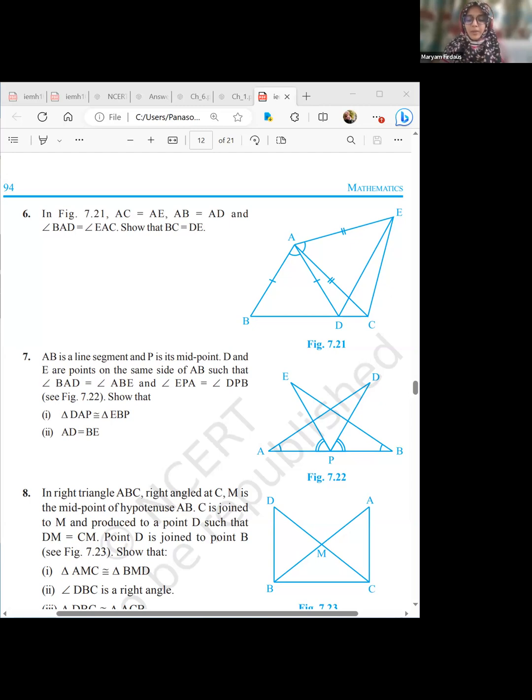Can someone tell me how we can do that? Think about it. Think. How can we do this? We are not given that angle BAC, which is, I'm going to mark it in a different color now.